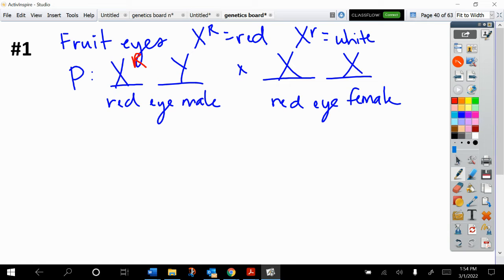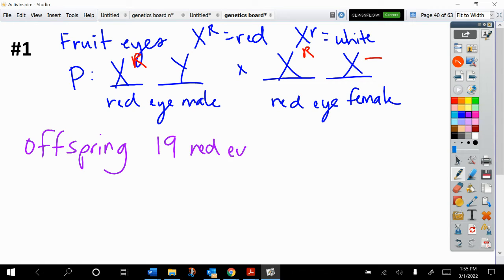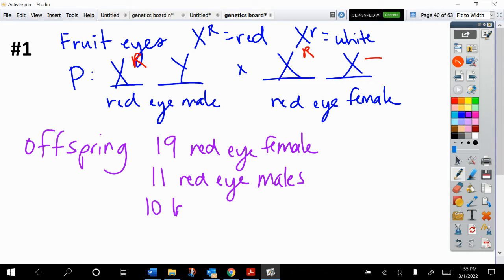And the red-eyed female has to have at least one dominant allele, and we're not sure yet about the other one. So if we look at the offspring, she has 19 red-eyed females, 11 red-eyed males, and 10 white-eyed males.